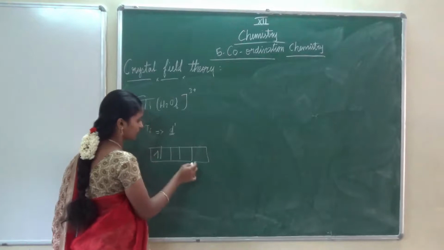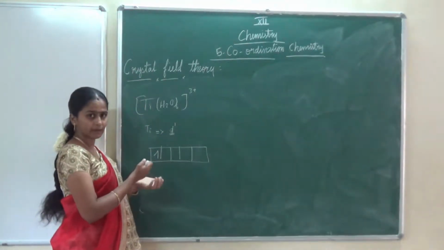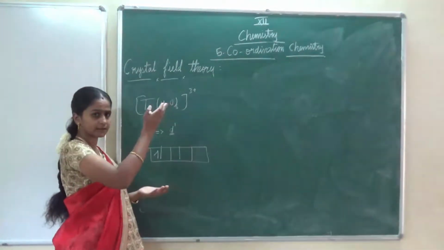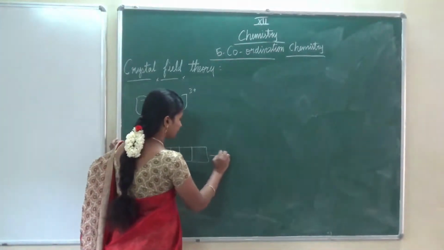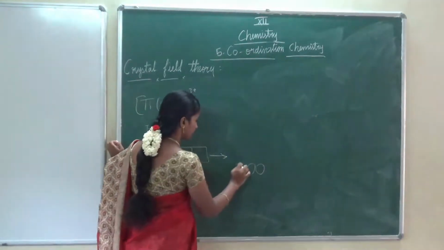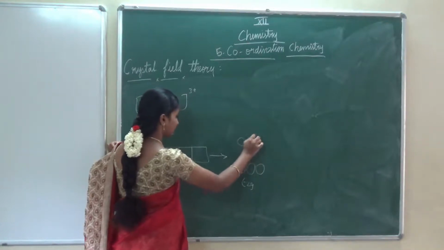Only one electron. So when it absorbs light, the electron will get energy, so it will go to the excited state. Let me write here the t2g and eg form, so that we can understand better. Now in the t2g orbital, one electron is present, and here the eg orbitals are present.